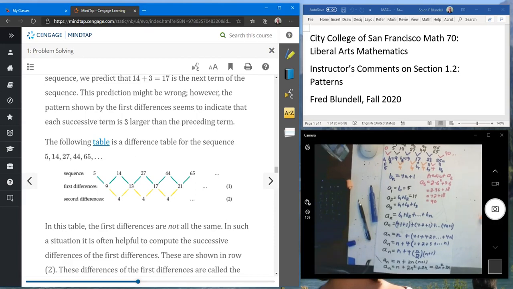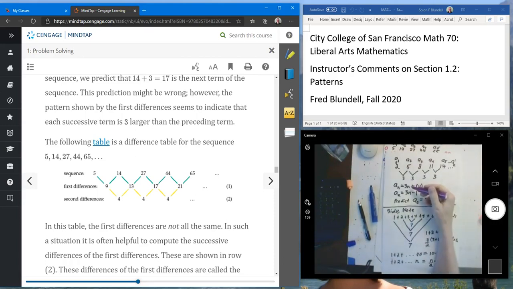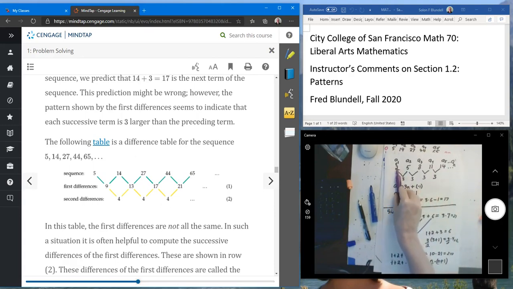Okay, so we've just learned three things. We learned how to get the closed form formula for the nth term of a, well, you call this a first order difference table, because by the time you get to the first differences, they're all constant. So that was the first thing we learned.